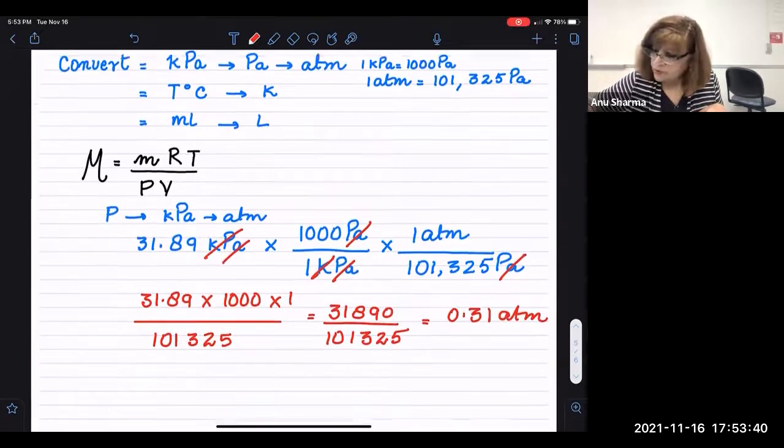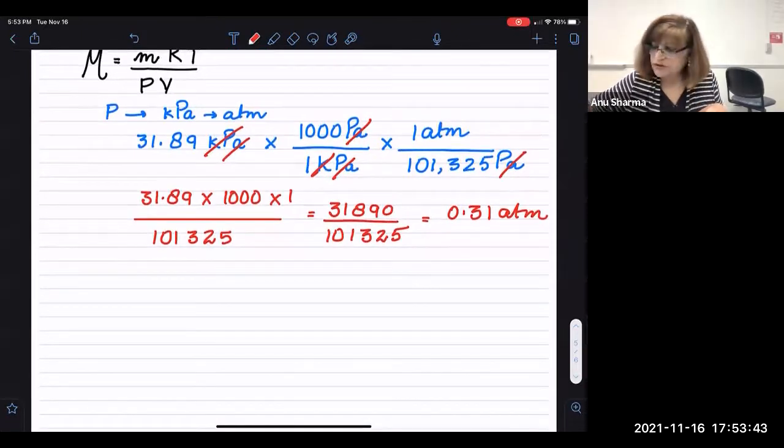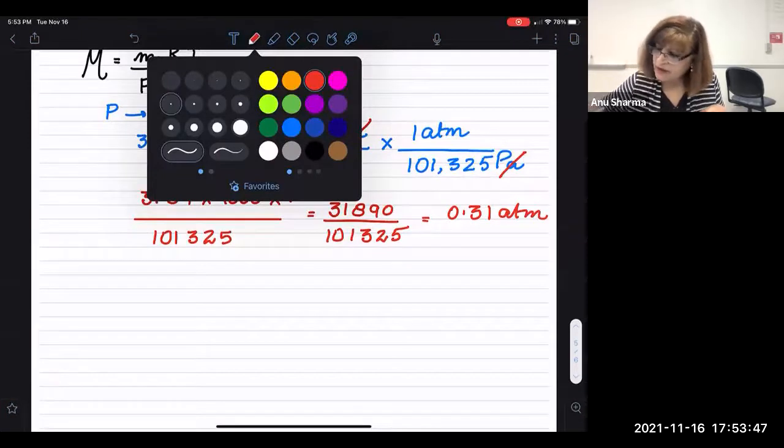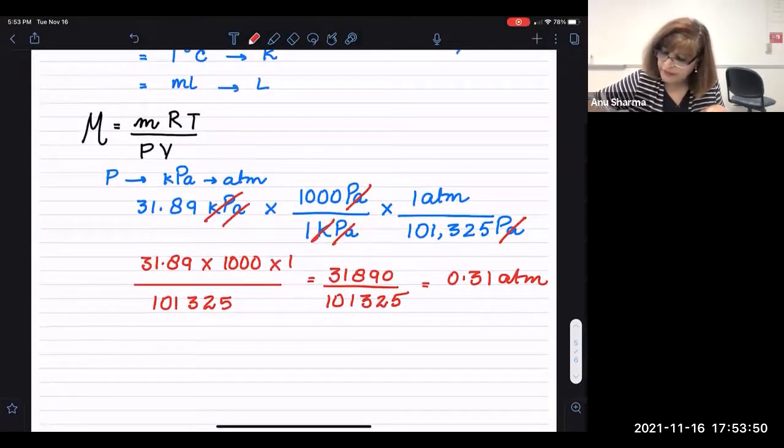Yeah, good. So 0.3147. It's fine, let's just leave it as 0.31 ATM. So that's our pressure value. So this is one piece.